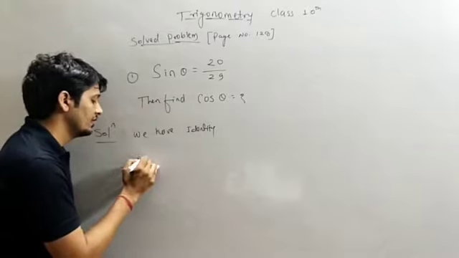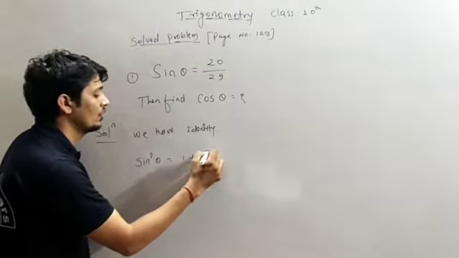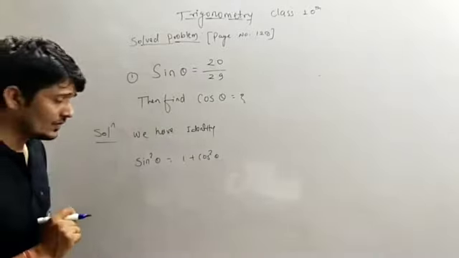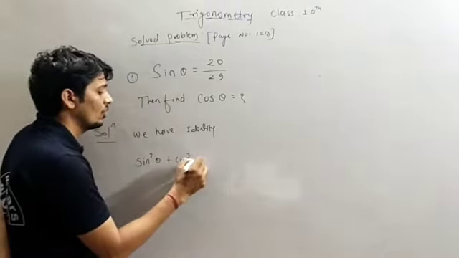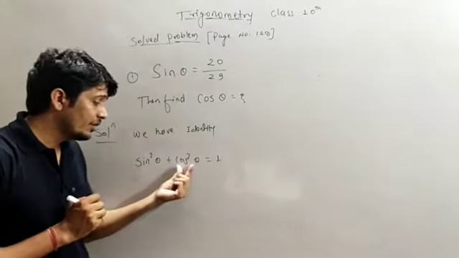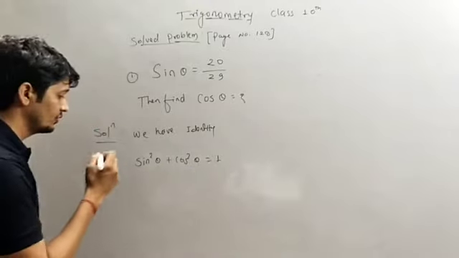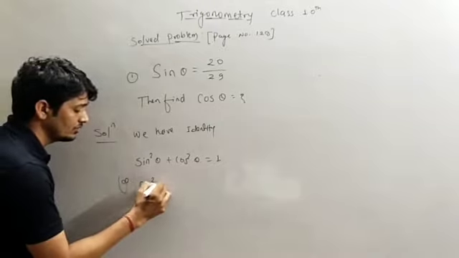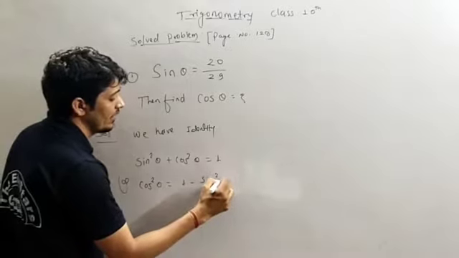It is sin square theta plus cos square theta equals 1. We have to calculate the value of cos theta, so we have to transfer sin square theta to the other side. We can write cos square theta equals 1 minus sin square theta.